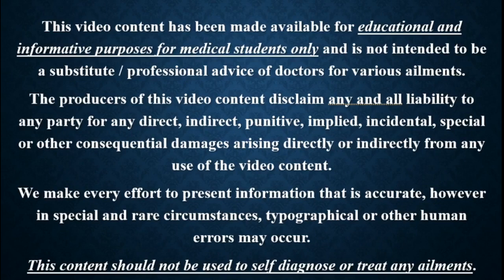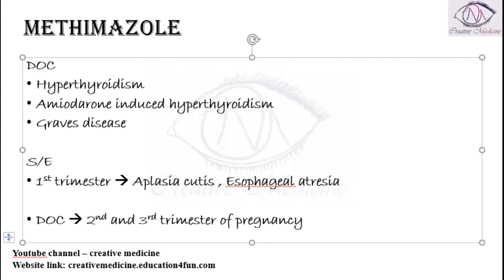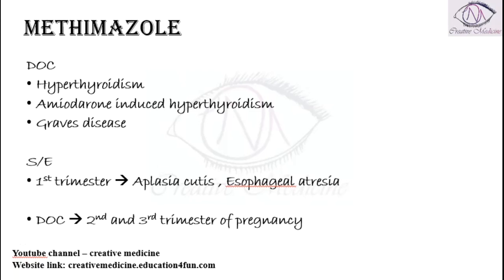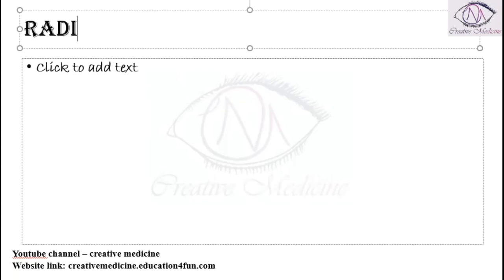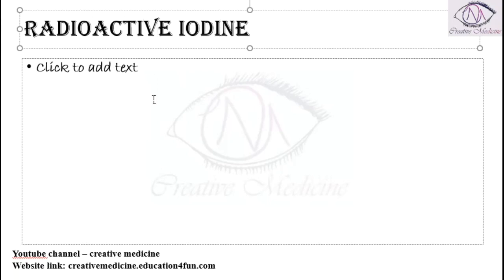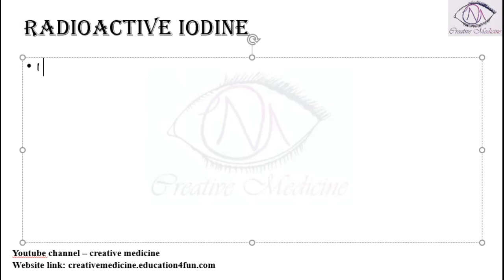In this lecture, we will learn about radioactive iodine. Many isotopes of iodine are used, like iodine 127 or iodine 131.